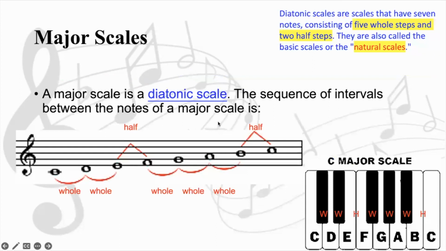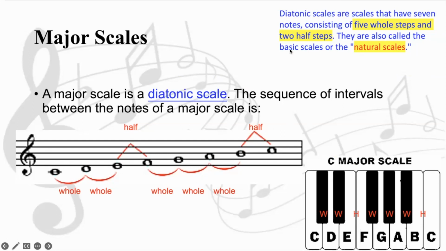Then we come to the major scales. Here we have this definition: a major scale is a diatonic scale. Some of you asked me about diatonic, and we come to the blue words here. Diatonic scales are scales that have seven notes, consisting of 5 whole steps and 2 half steps. Here we have 1, 2, 3, 4, 5 whole steps and 2 half steps.